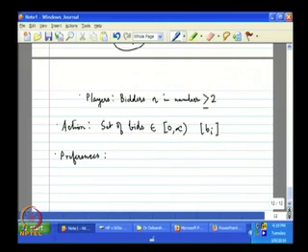Now, in general, let us write what is the payoff of player i. Player i will get the object under 2 circumstances. One is that his bid, that is b_i, is higher than any other bid. All the other players are bidding something less than his bid.